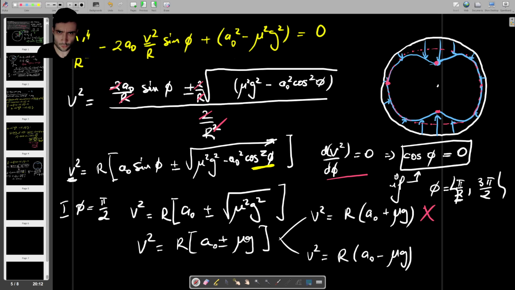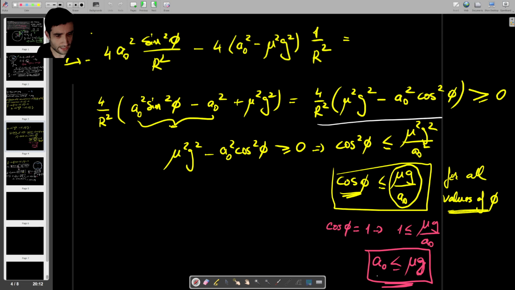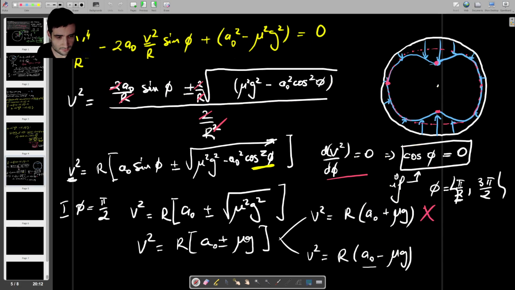And although this looks okay on the surface, let's remember that a0 has to be less than or equal to mu g, or this has to be less than or equal to 0. And if that's the case, then this is less than or equal to 0, which doesn't work, because this is a quadratic. It can't be less than 0. It can only be 0, but if the velocity is 0, then nothing is happening. So we're not interested in that answer.